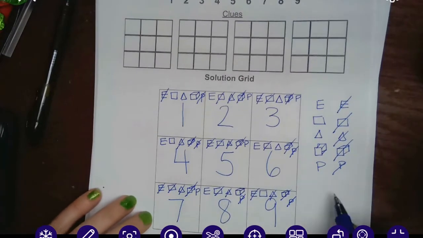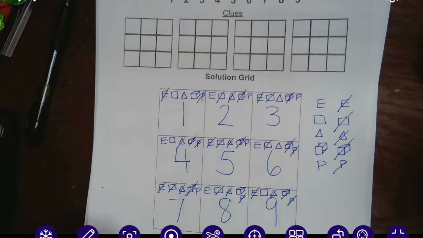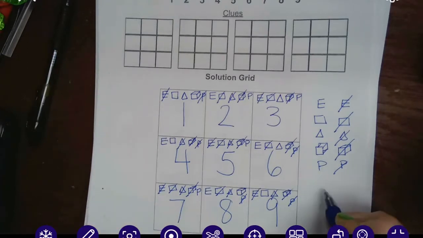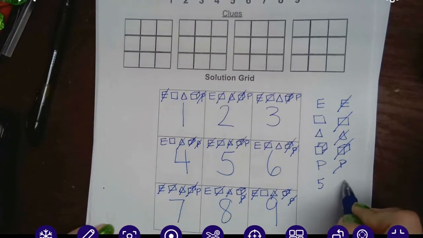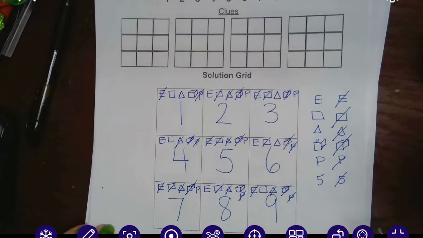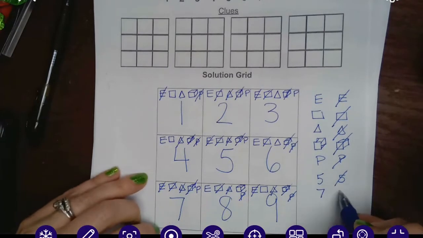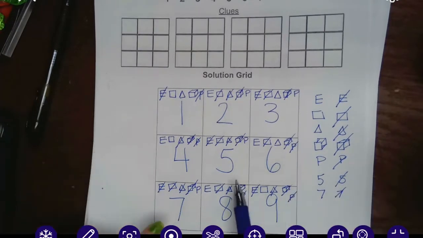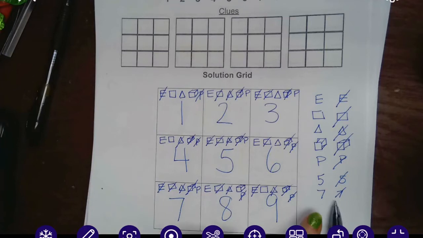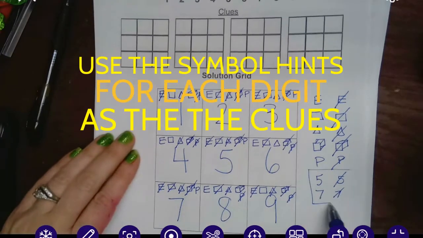So those are the clues. We can also use fixed numbers, right? It's just saying flat out 5 is the number, or you can say it's anything but 5. So those can happen as well. And we know that 5 and 7 have the same clues. So it is important sometimes to use these.